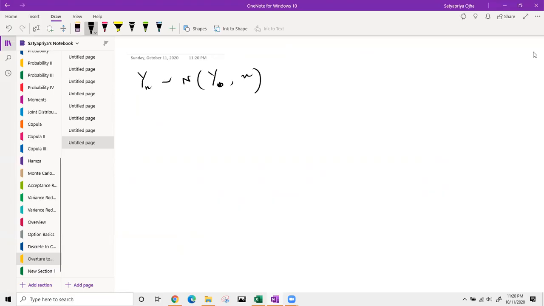So this looks like, after n steps, if y0 is my starting point, keeping y0 as mean, I'll have a variance like this. The variance of this is n, and mean would be y0. If I increase the number of steps, what will happen?